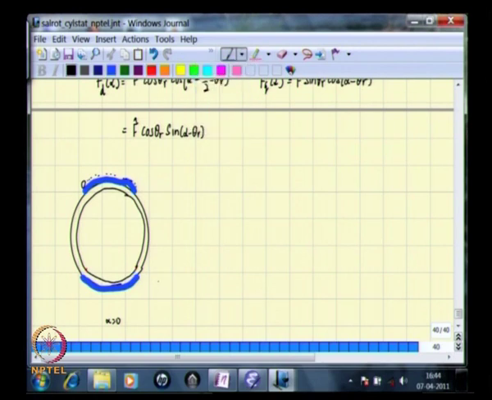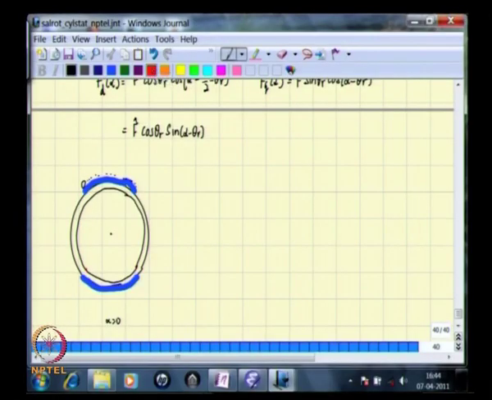So, this is the machine that we have. We want to find out the flux linkage of this distributed winding. What we will do is we will consider a small coil, elementary coil out of this distributed winding.